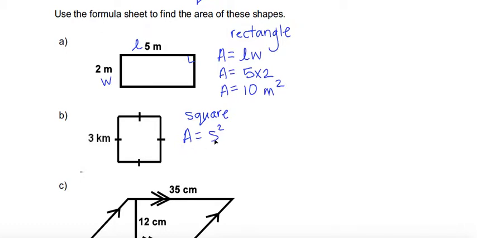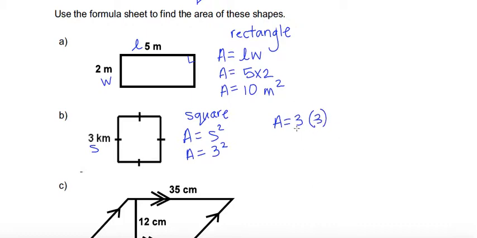Remember that s squared is the same as 3 times 3 in this case, or s times s. So my 3 is my side length, so I have 3 squared, which is the same as 3 times 3.